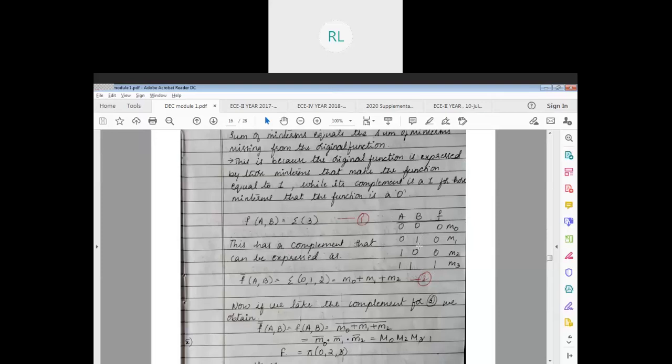So 1, 1 means what? 2 plus 1, right? 2 plus 1 means 3. 0, 1, 2, 3, right? So my function of a, b is equal to summation 3. So if I have to write an equation for this, this is how I am going to get my first equation. Till here, is it clear, Bhargav? Yes, sir. Okay.